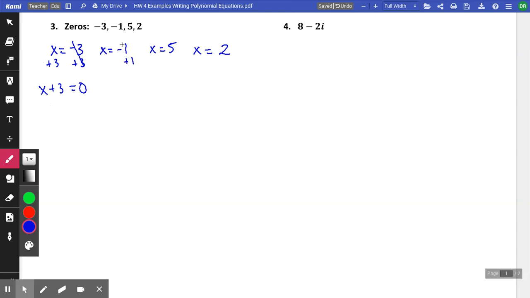Okay, same thing happens here. I get 0 by adding 1, and so my factor says x plus 1. Here we get 0 by subtracting 5, and so my factor will say x minus 5. And here we'll subtract 2 to get 0, and so our factor will say x minus 2.